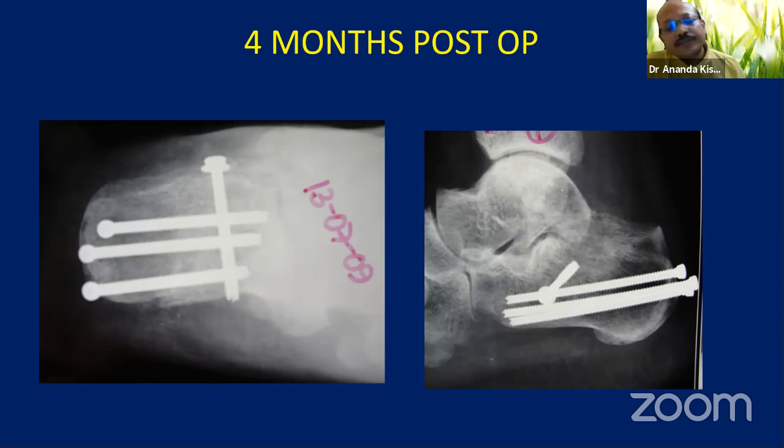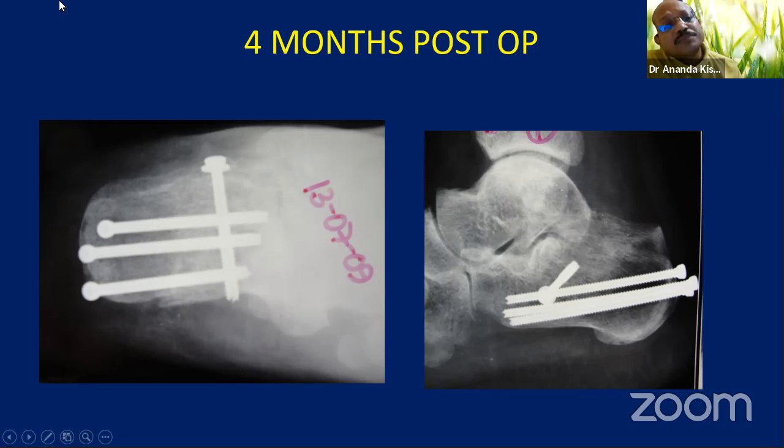I also have 5 years of follow-up study, and I have gone through the article. They have shown that up to Sanders type 2, it is superior to open reduction, but type 3 and type 4 results are equivalent in both the open method and the minimally invasive technique.